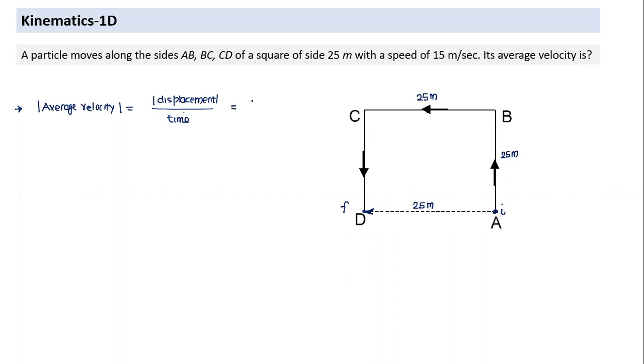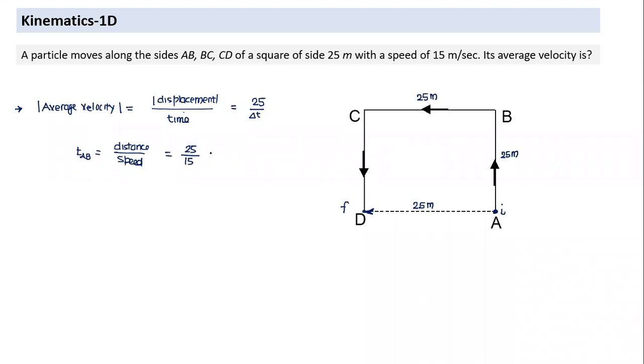Now the question comes about time. What is the time it has taken? See, it has moved from here to here. How much time does it take to move from A to B? This is equal to distance by speed. The distance is 25 meters and speed is 15 meters per second.